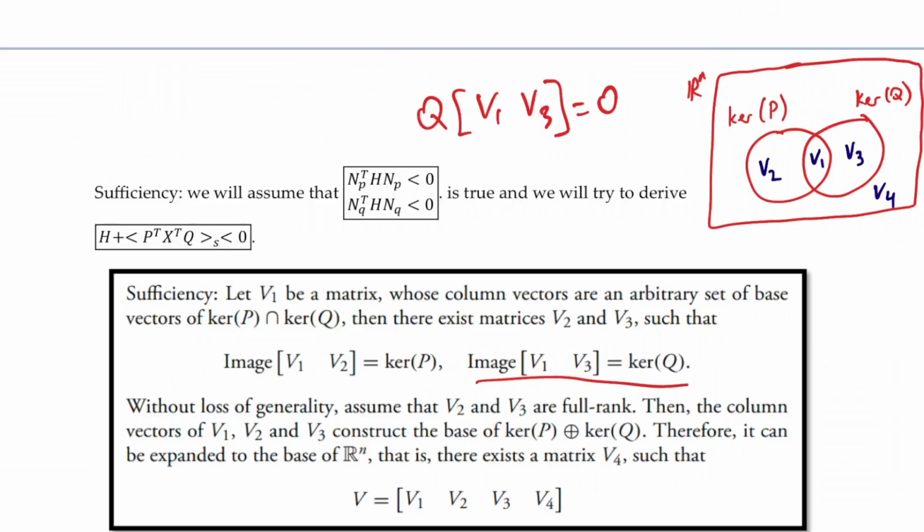However, let's say Q is n by n. Let's say this is one column and this is another column, right? And this is, let's say, 5, and this is one column, this is another column, and this is not 5 by 5, right? This is 5 by 2.